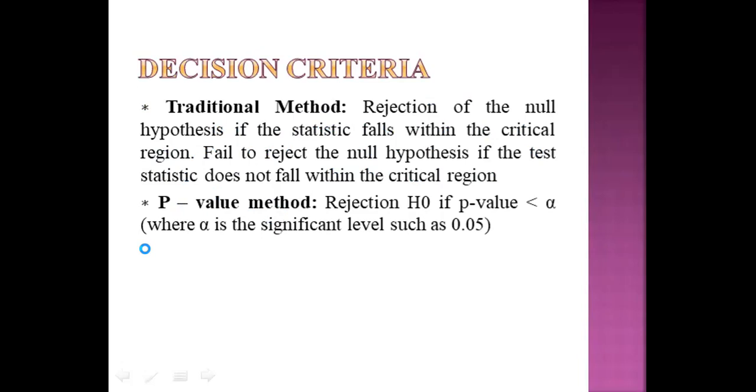In the p-value method, we reject the null hypothesis if the p-value is less than 0.05. Therefore, it depends on two methods: the traditional method, where the test statistic falls in the critical region or acceptance region, or the p-value method. If less than 0.05, then we reject the null hypothesis and accept the alternative hypothesis.